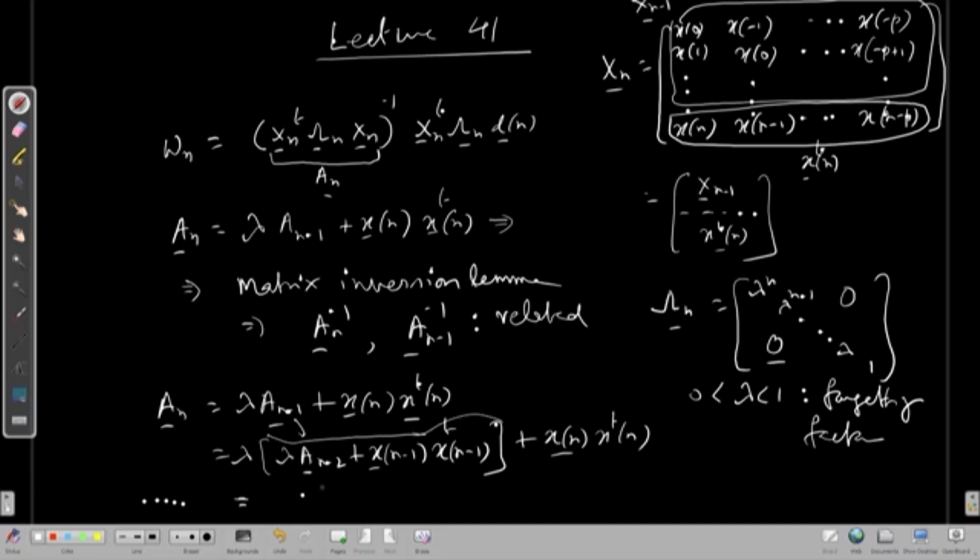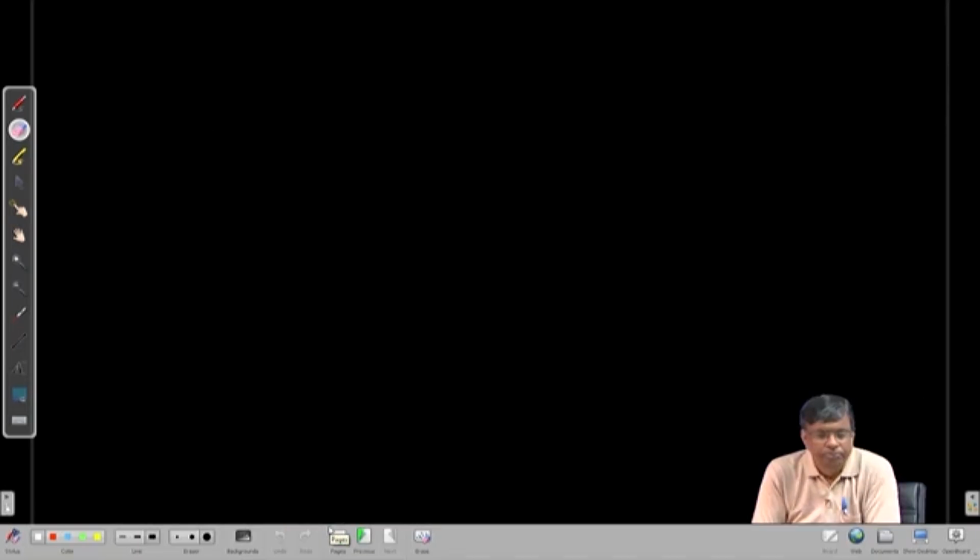lambda to the power n, x0 x0 transpose. Okay, let me write it on the next page. It will be like this.